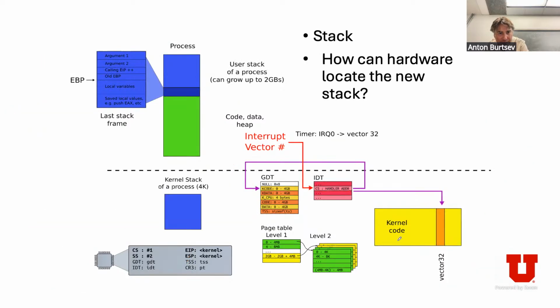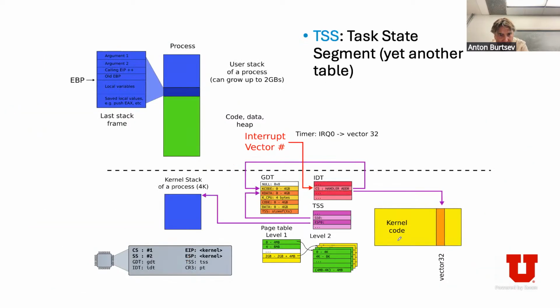So to locate this process stack, hardware uses yet another data structure, which is called the task state segment. This task state segment is pointed to by a special task state segment selector, which sits inside the global descriptor table, right? And at this point, the TSS will have a pointer to a kernel stack.